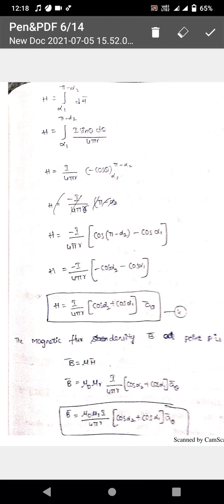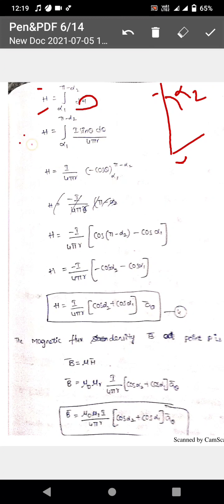Now the total magnetic field intensity at point P due to the entire conductor: H bar equals the integral with limits alpha 1 to pi minus alpha 2. Why? Because the conductor lies along the z-axis, this is alpha 1 and this is alpha 2, so the angle is pi minus alpha 2. If you integrate dh bar over the length from alpha 1 to pi minus alpha 2, we get the total magnetic field strength at point P.